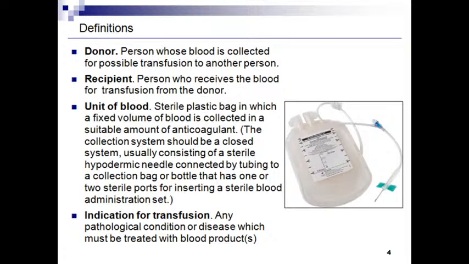The collection system should be a closed system, usually consisting of a sterile hypodermic needle connected by tubing to a collection bag or bottle that has one or two sterile ports for inserting a sterile blood administration set. Indication for transfusion. Indication is any pathological condition or disease which must be treated with blood product or blood products.